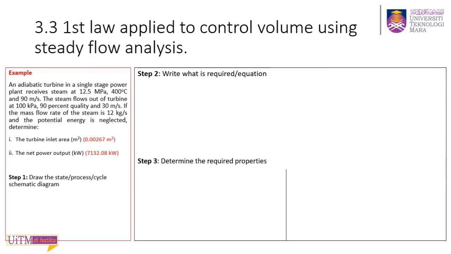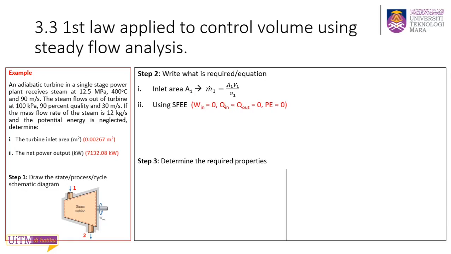For step 2, to determine the inlet area A1, since mass flow rate is already given in the question, we can use the mass flow rate equation. For net work output, we will use the SFEE, and remember to write the conditions based on the question.